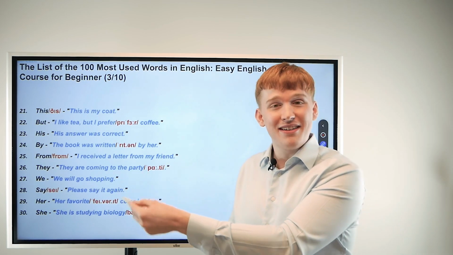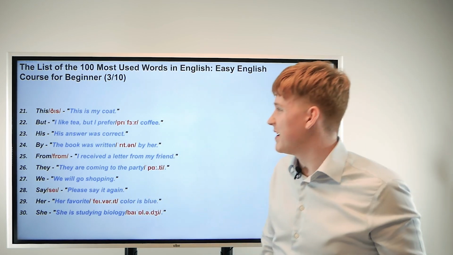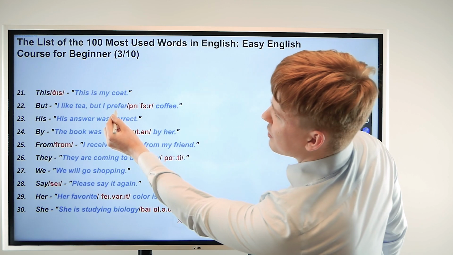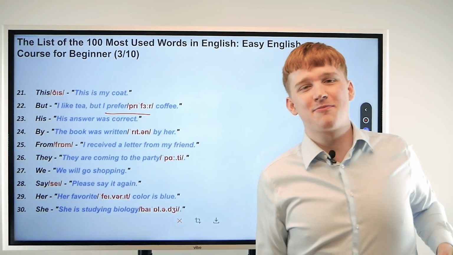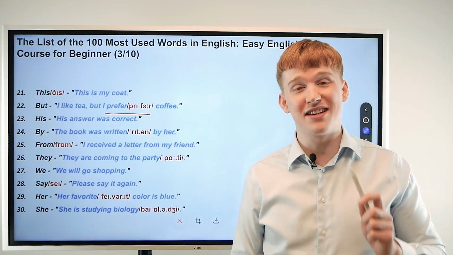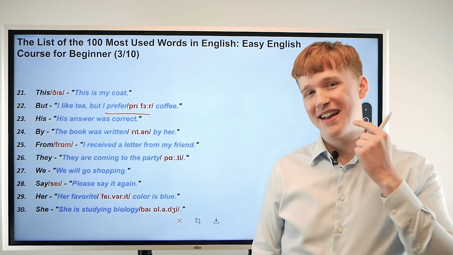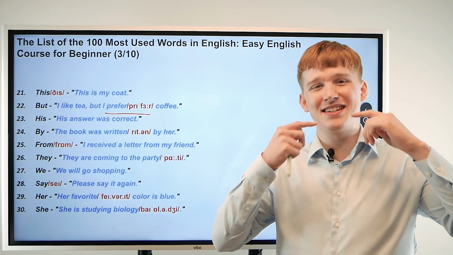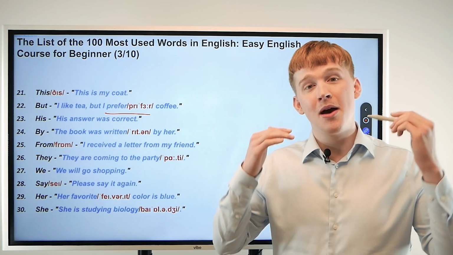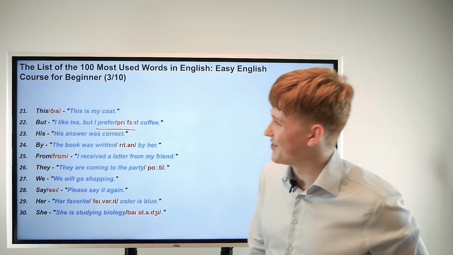But I still enjoy tea, but coffee's better, in my opinion. That's perfect. Can you now say prefer? Because prefer is not the easiest word to say. So prefer. That is an important sound to remember. So prefer. Amazing, good job.